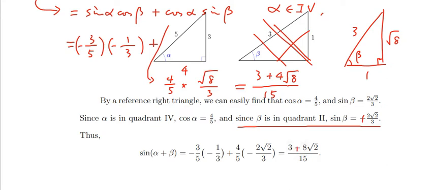So here, radical 8 we can simplify to 2 radical 2, right? So this one we can simplify to 3 plus 8 radical 2 over 15.